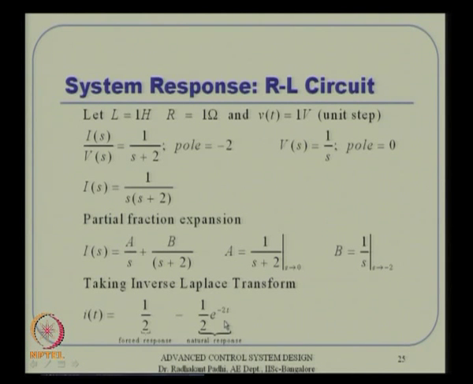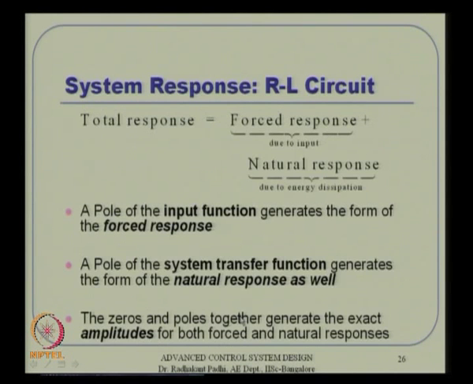So this part is essentially the forced response, and this part is the natural response. Directly solving in the time domain, we discussed in the last class. You can also solve this using the first order differential equation, time invariant and all that, and you will arrive at the same solution.